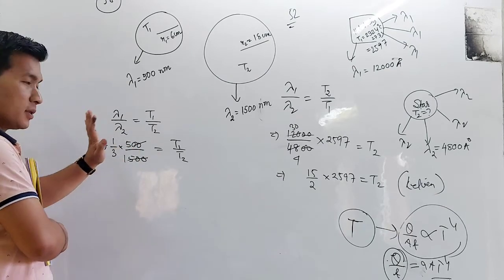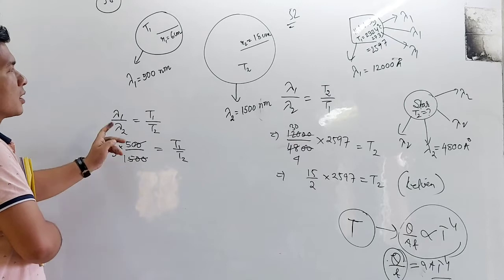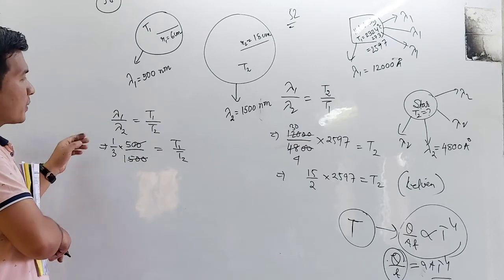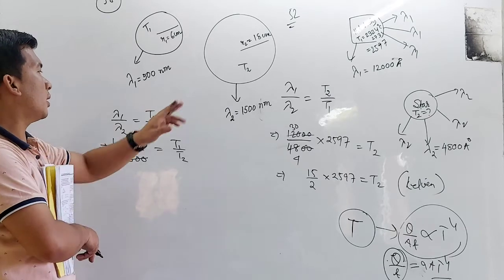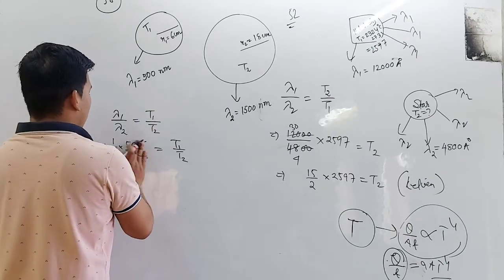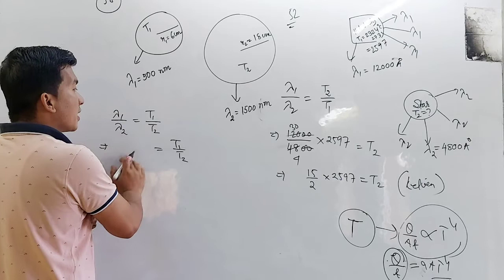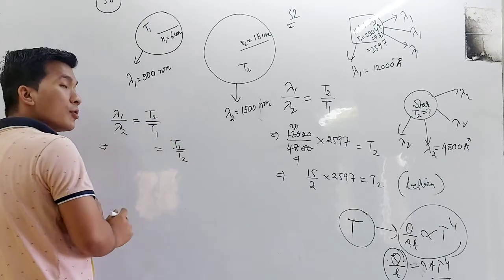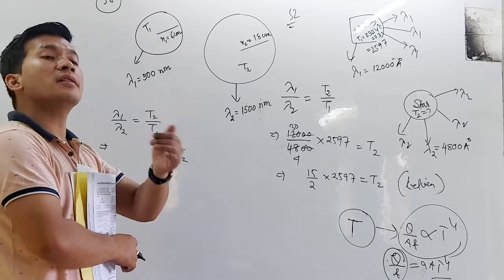Sorry, my mistake. This is T2, this is T1, because Wien's displacement law is inversely proportional.